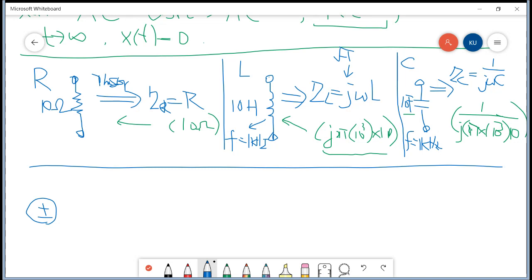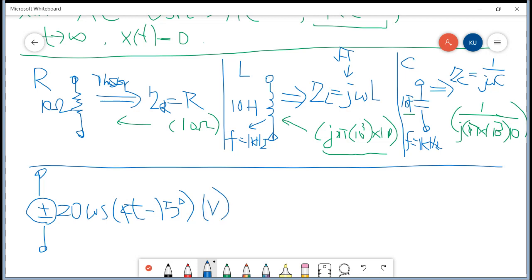And next, we may have a voltage source. For example, if it is a source like 20 cosine(40t minus 15 degrees), then of course it is a voltage source.